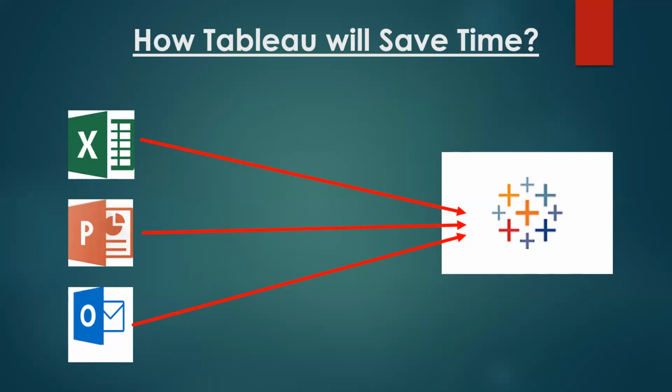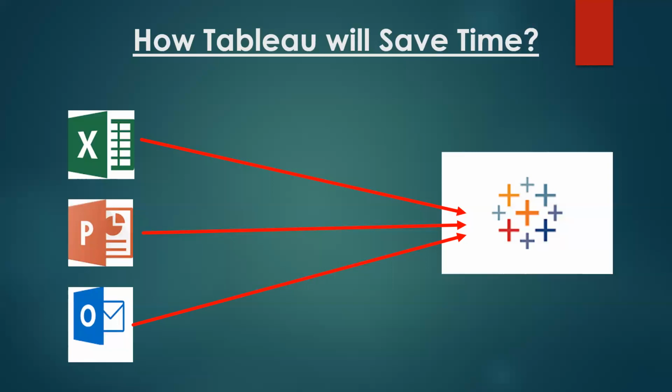We have commands in Tableau; we just need to click on them, and whatever presentation we need to create, everything will be done by Tableau through its business intelligence. That is the advantage we can get.